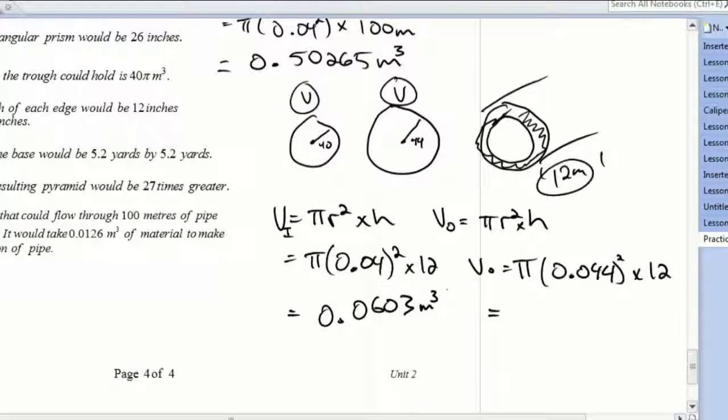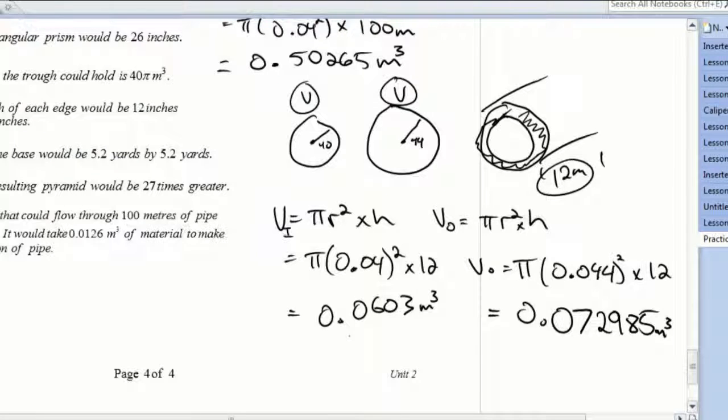And I'm going to do the same thing again, except I'm going to go 0.044 squared times pi times 12, you get 0.2985 meters cubed. And then I'm just going to subtract the smaller from the larger.